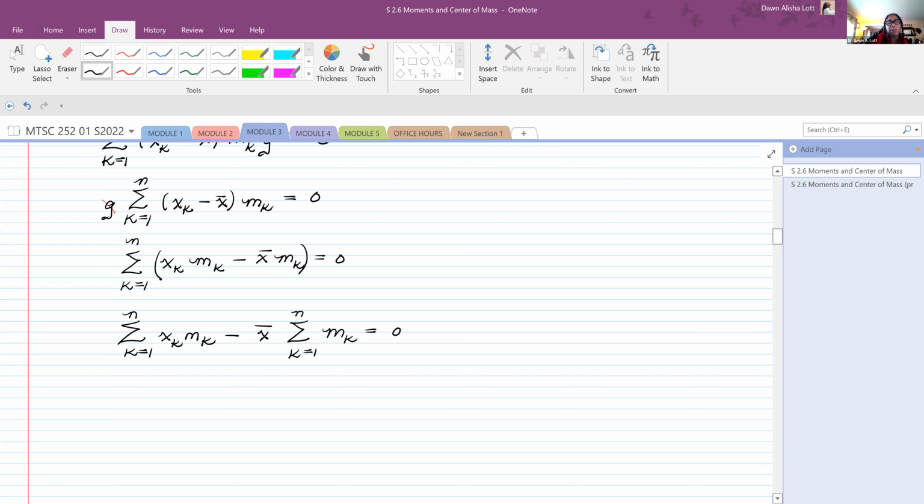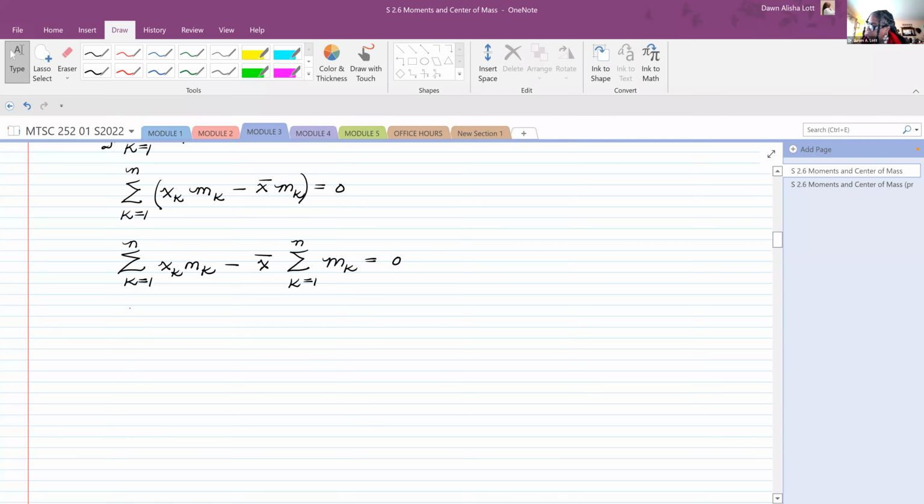Now I'm going to put this on the other side. So I get the sum k equals 1 to n of xk mk is going to equal X bar times the sum k equals 1 to n of mk.